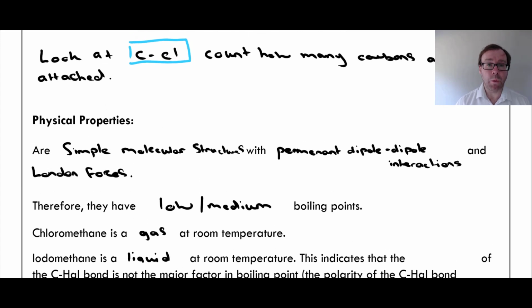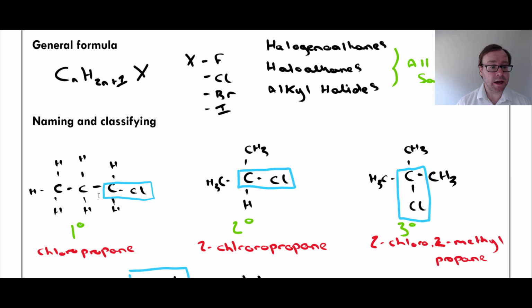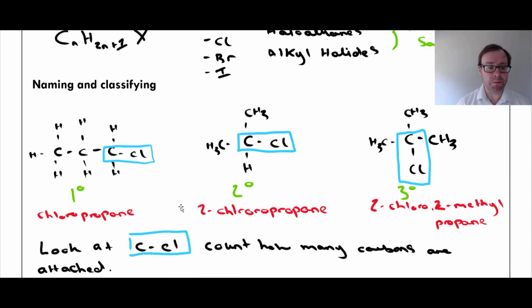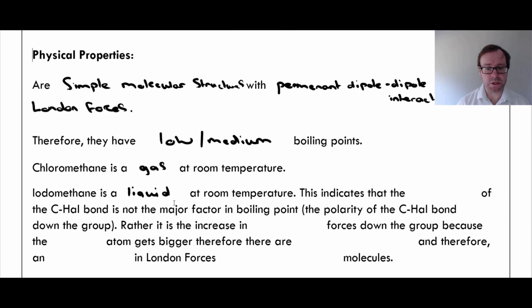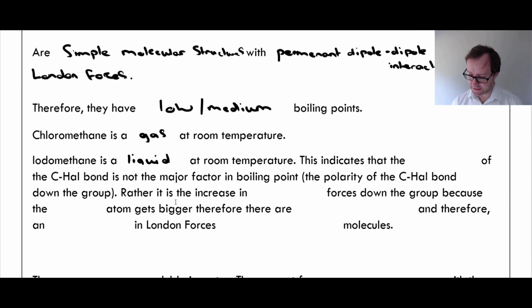We know that the C-Cl bond is more polar than the C-I bond, so this indicates that the polarity of the carbon-halogen bond is not the major factor in boiling point.